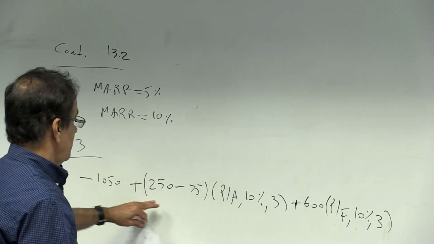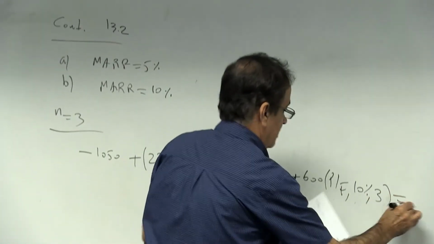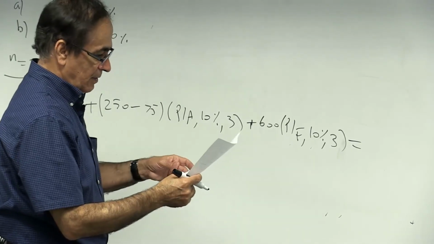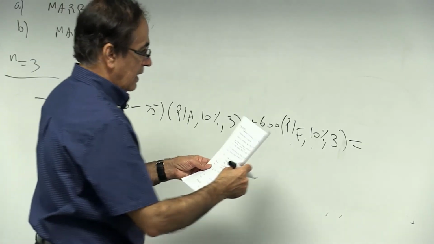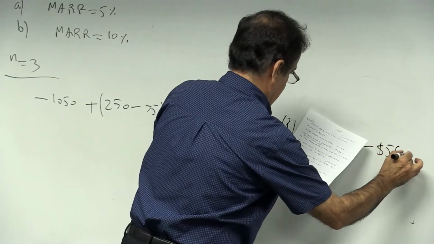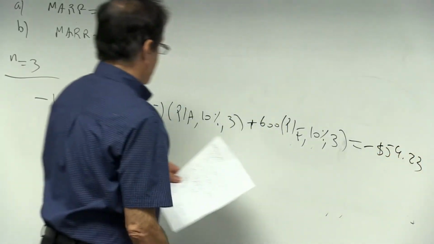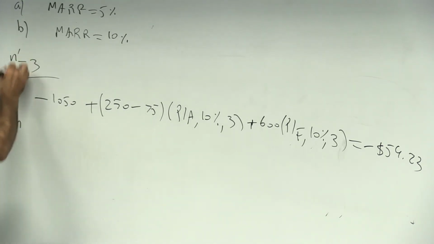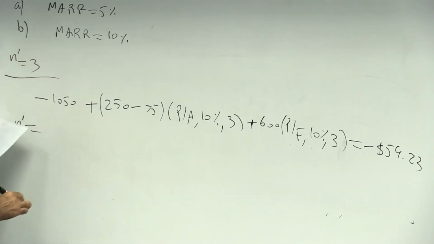Now I'm going to get the number. After substituting P given F and P given A from the table, you will get negative $59.23.